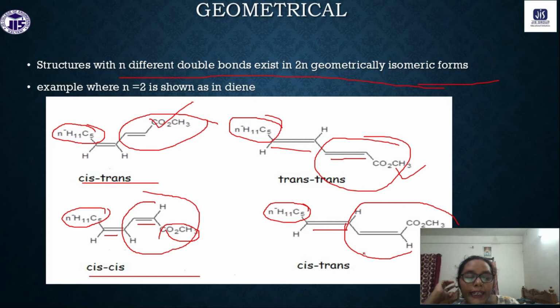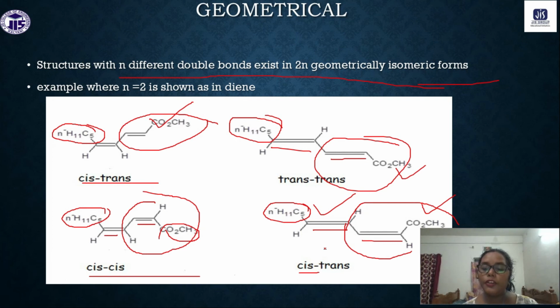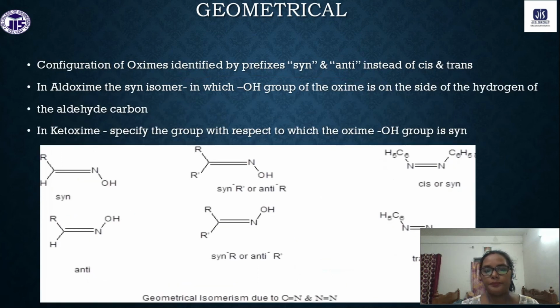Okay, next if we consider this bond, you can see that these heavier groups are on the same side, that is called cis, that is why it's called cis trans. So we can have so many double bonds, and with respect to each double bond, the cis or trans isomerism can be different.